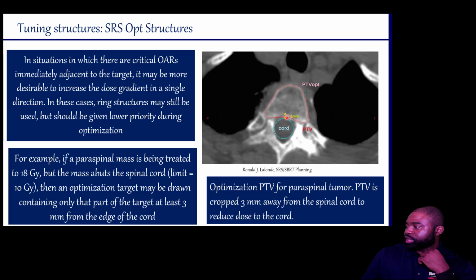Now, in a case where the PTV itself is almost abutting an important structure such as the cord, sometimes we create an optimization structure which is essentially the PTV cropped maybe up to about 3 millimeters away from the cord.